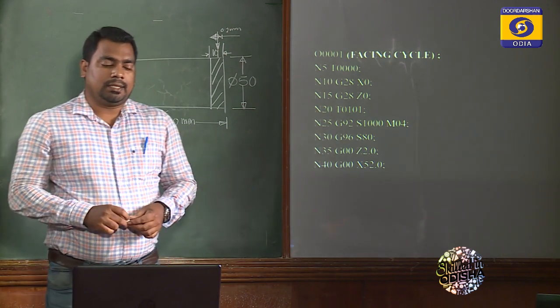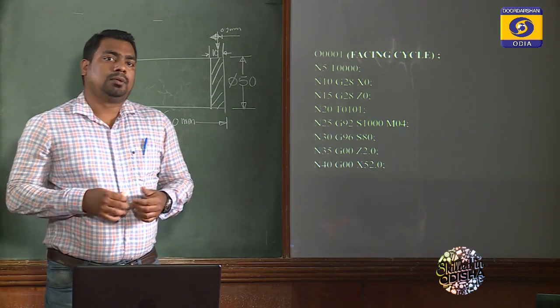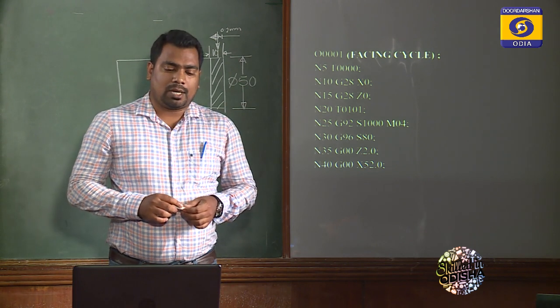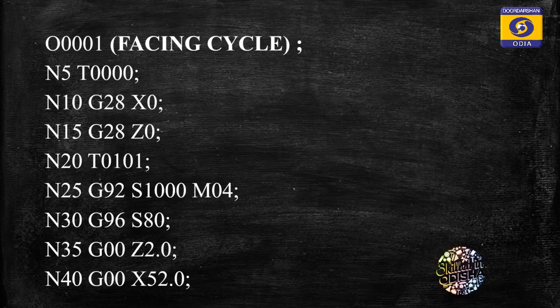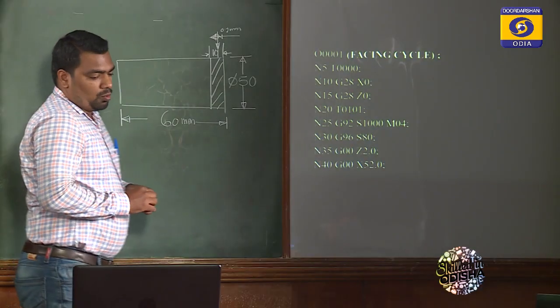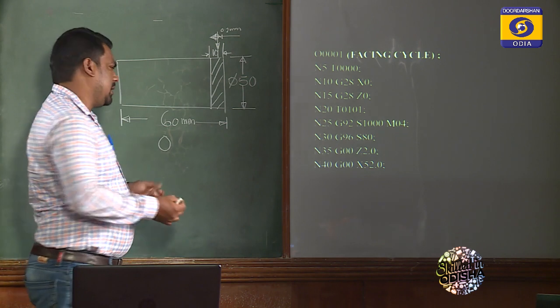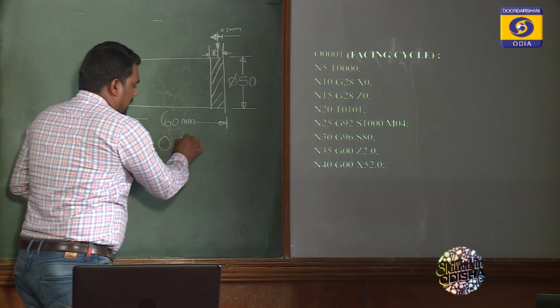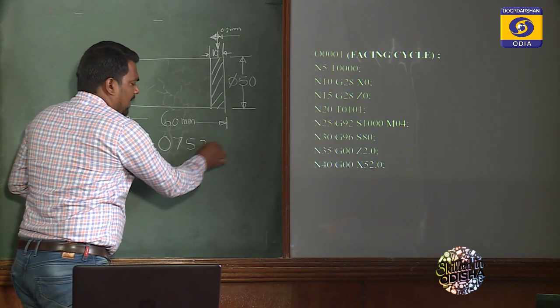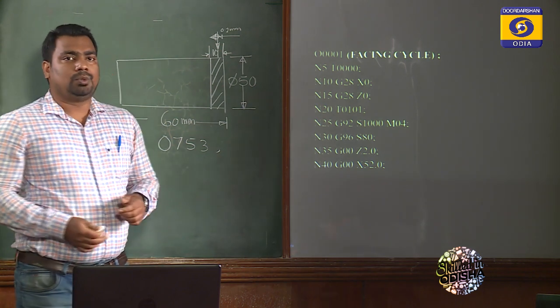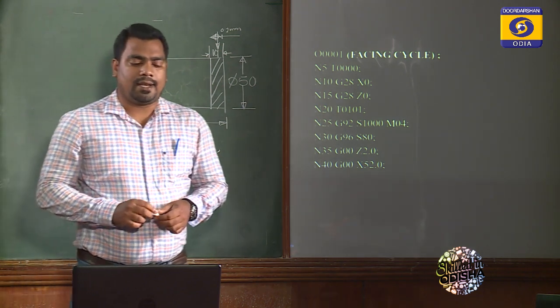When we are about to write a part program in CNC, first we name the program. We have to give a program name, which is given as O followed by any number. It can be 753 or any number between 0 to 9999.